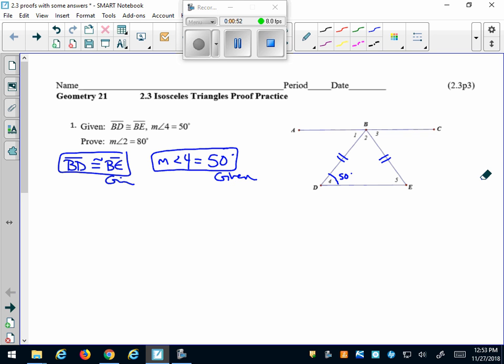So, what are we trying to prove here? We're trying to prove that the measure of angle 2 is 80 degrees.